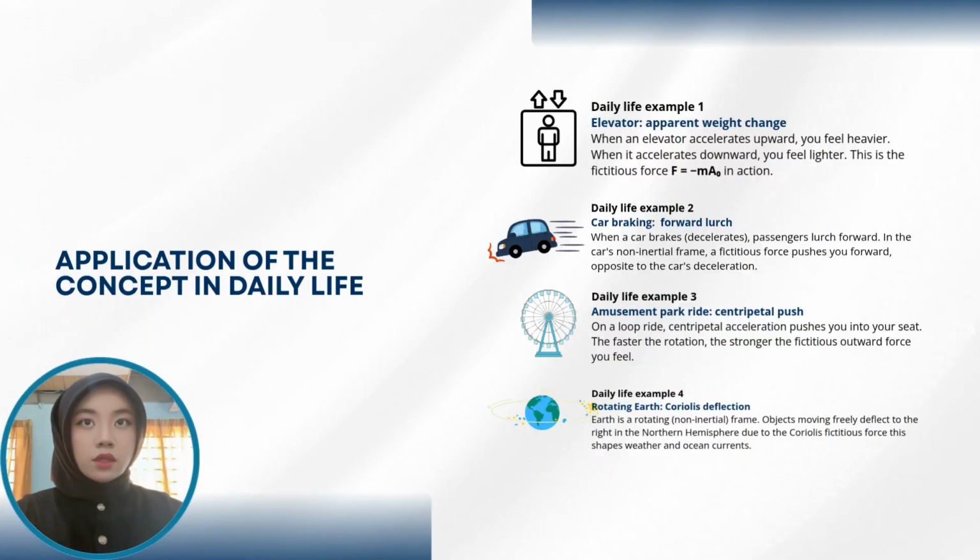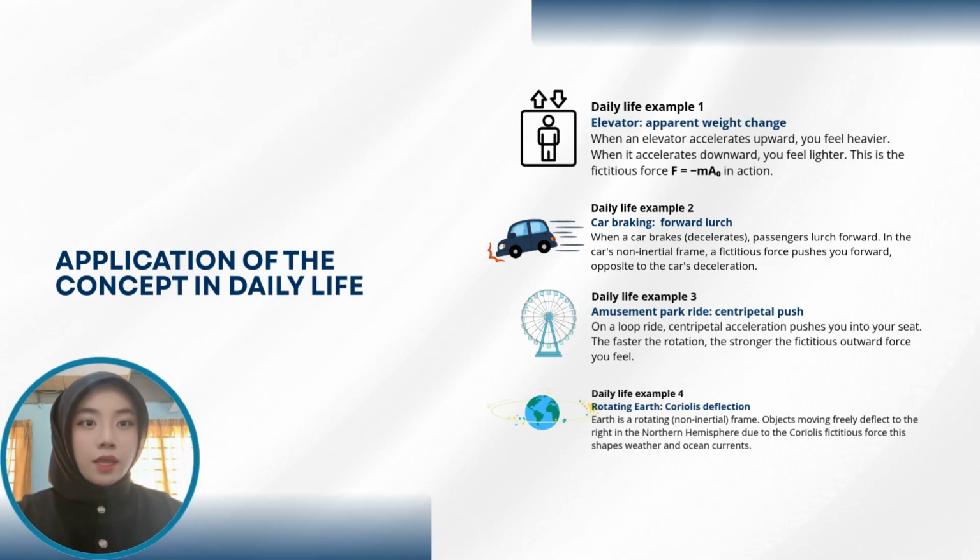Now, let's talk about how the concept of accelerated coordinate systems applies in our daily life. An accelerated coordinate system is a non-inertial frame of reference where we introduce fictitious forces to explain motion. Although these forces are not real physical forces, they help us understand what we experience in accelerating or rotating systems.